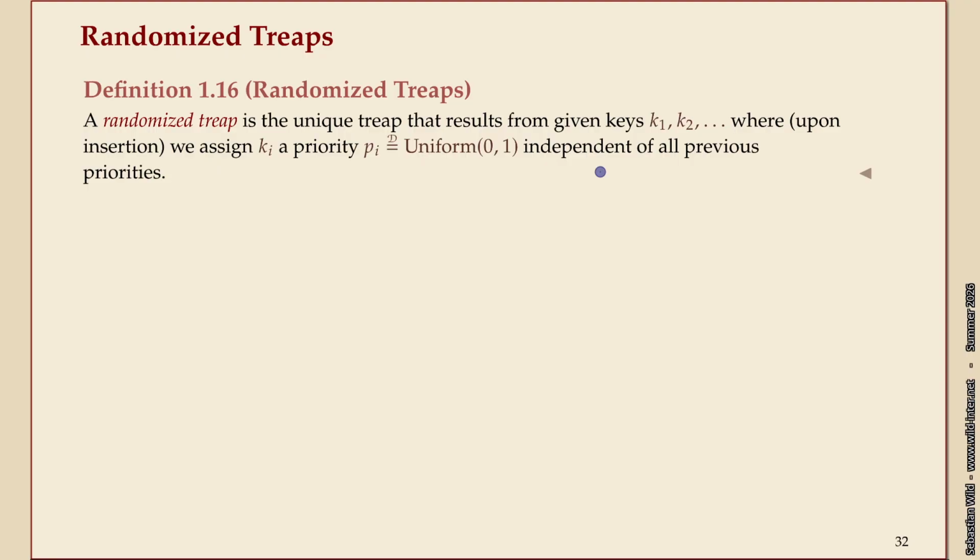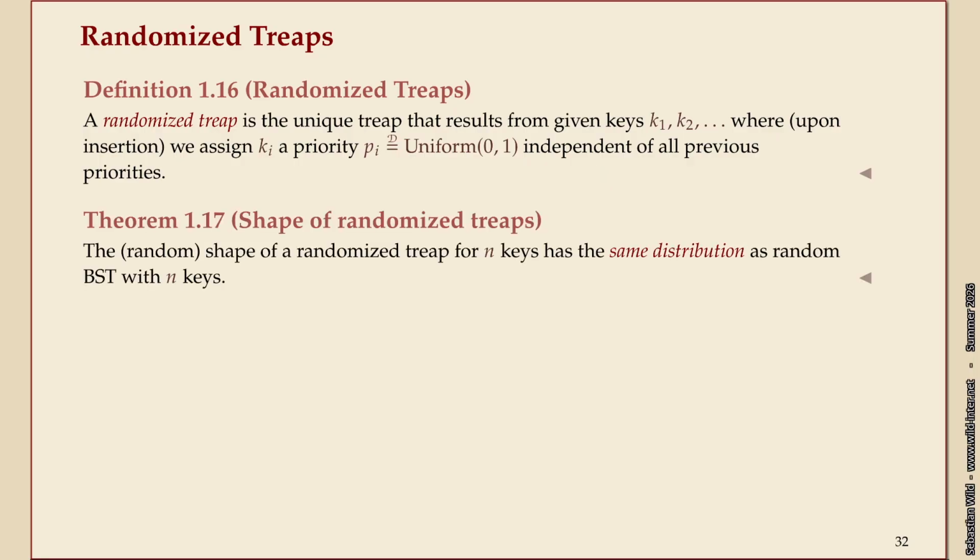For the moment, let's assume they're all independent. Now, because we enforced that the insertion sequence is as in a random binary search tree, the shape of these randomized trees is the same as the shape of a random binary search tree. So all of the work we've done last week, we can now use and just apply to the Treaps.